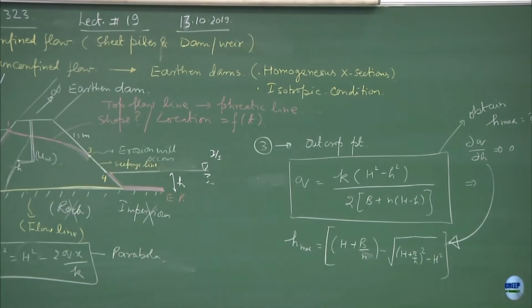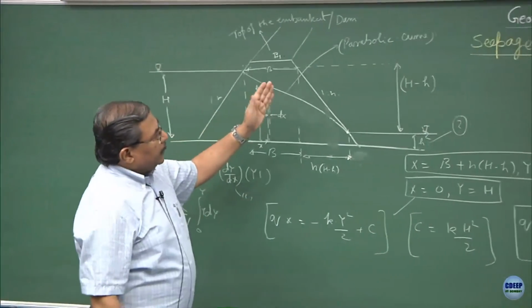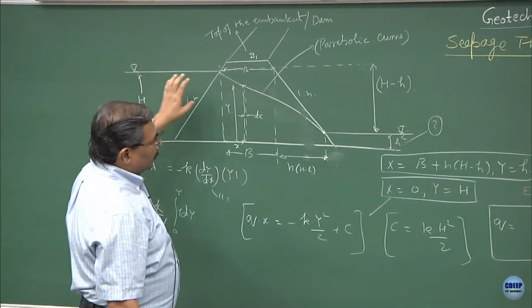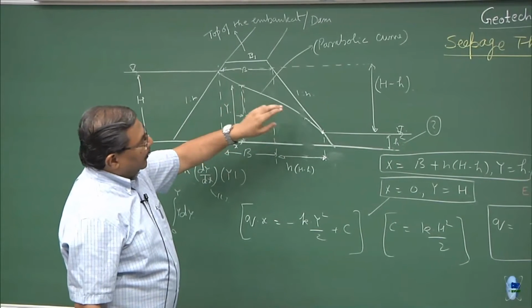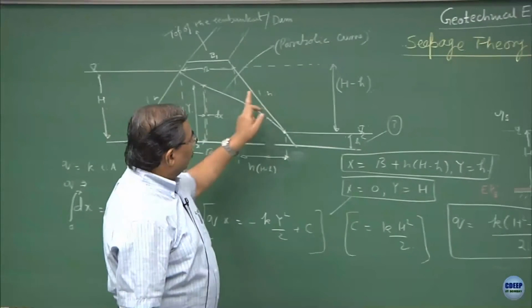In short, what we have done is, we are finding out the nature of the top flow line for the condition when capital H is causing the flow to occur in the homogeneous dam section under unconfined flow condition.